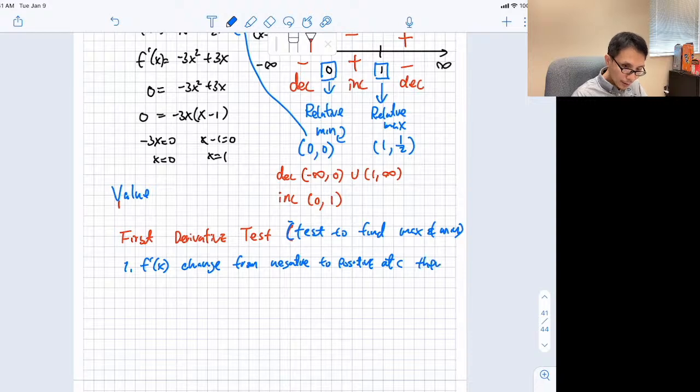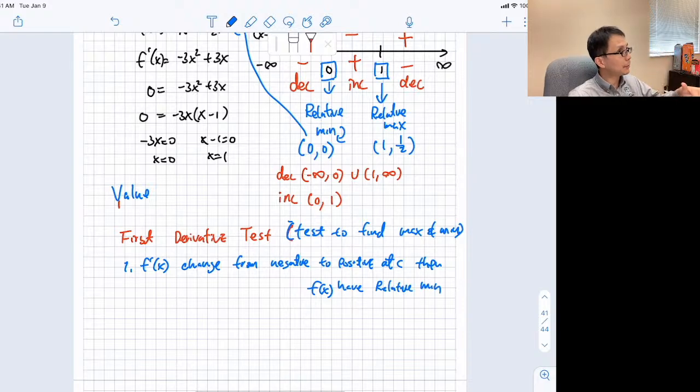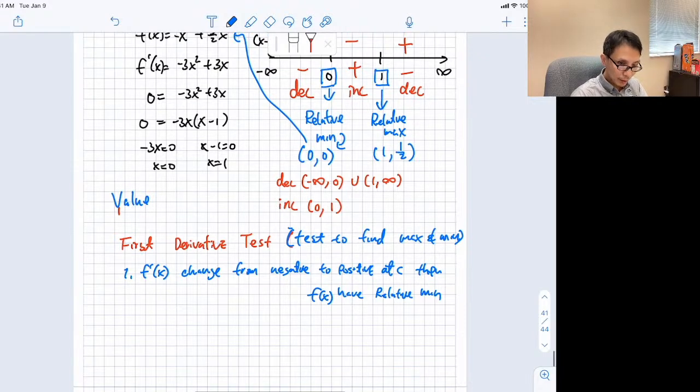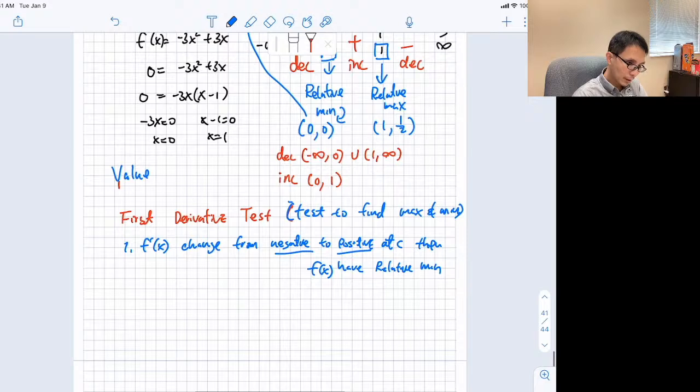Then f of x has a relative minimum. Why? Because it went from negative to positive, and that's it. That's the way you have to think about it. So that's how you justify on the AP exam.